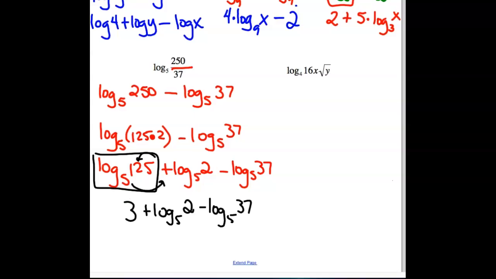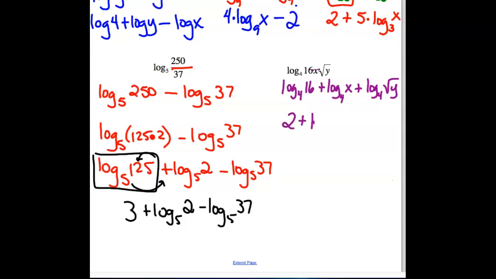All right, for the last example on this page, we have a product here, we have a product here, and we have a square root, which actually can be thought of as a power. So we have log base 4 of 16 plus log base 4 of x plus log base 4 of the square root of y. Okay, so I separated all of those products into addition. Now I simplify. Log base 4 of 16, so 4 to what power gets us a 16 would just be a 2.